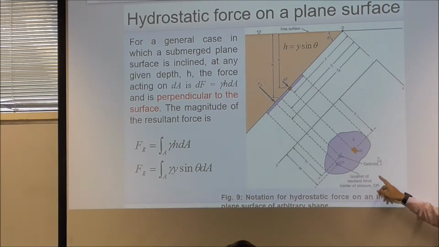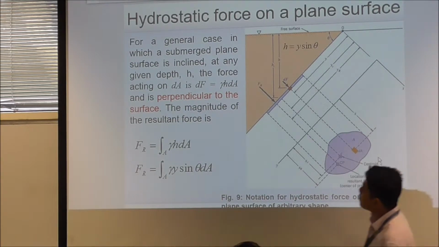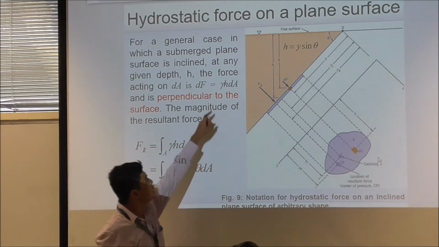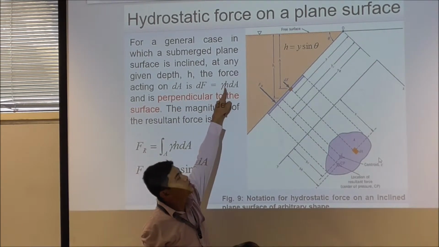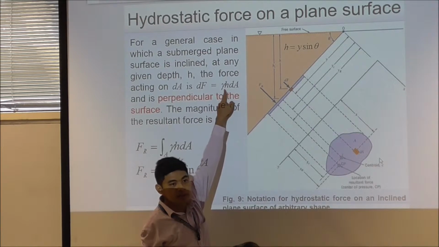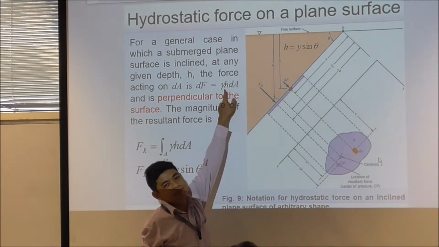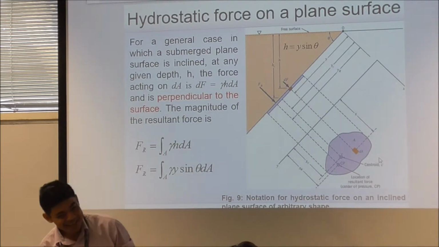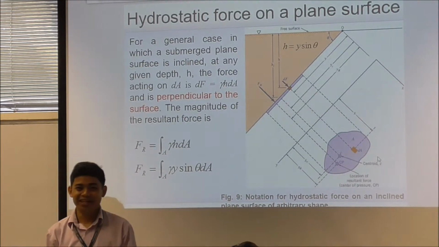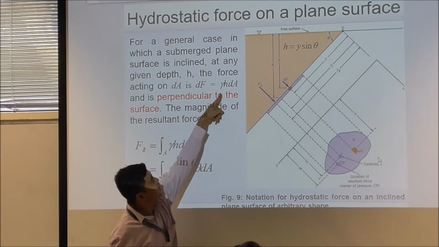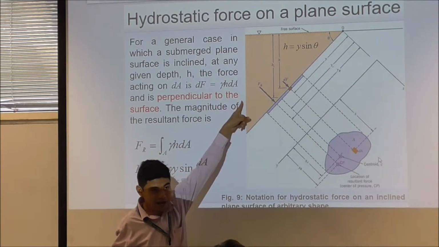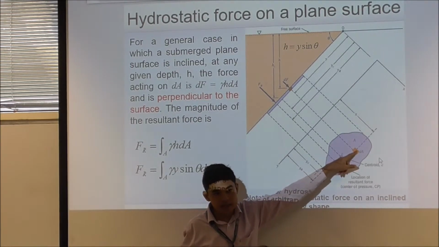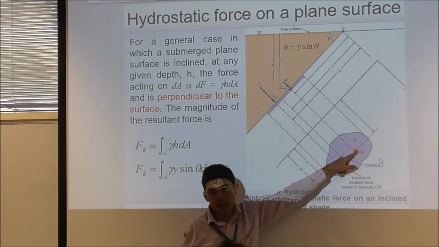Okay? So how do you calculate that? The force acting on the small area is, what's this? What is gamma H? Class, what is gamma H? Pressure. Pressure times area. Why dA? Because we are talking about a small part here, small area here. dA, small dA.